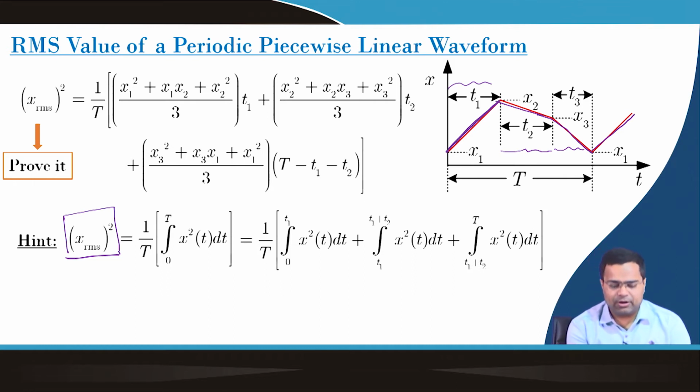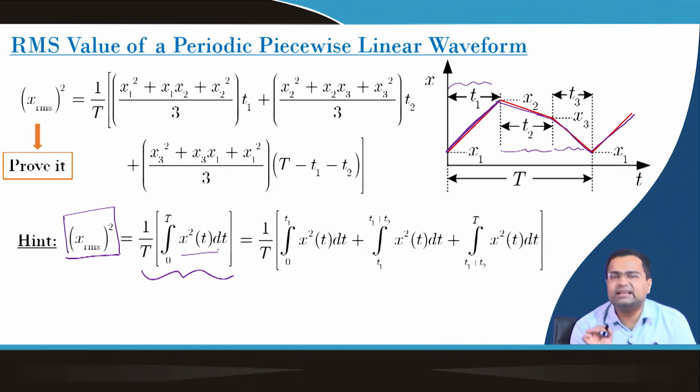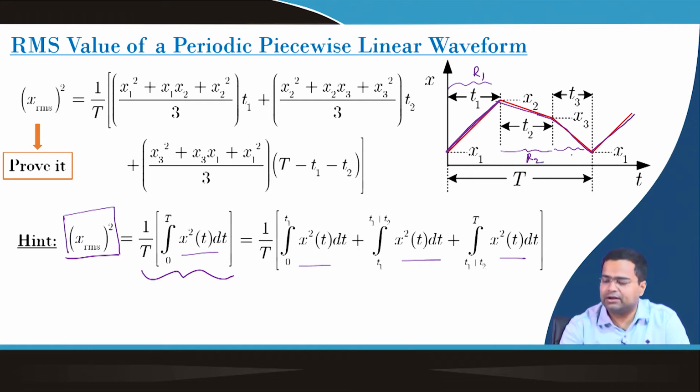Now if you want to get the RMS square, this is a basic equation: 1 by total time, then integral 0 to T, the time period, x square t dt. You can break the whole integral into 3 pieces, because there are 3 regions: region 1, region 2 and region 3.